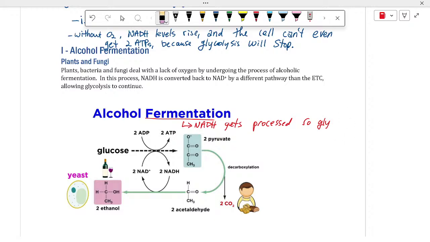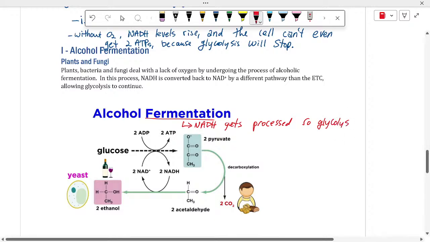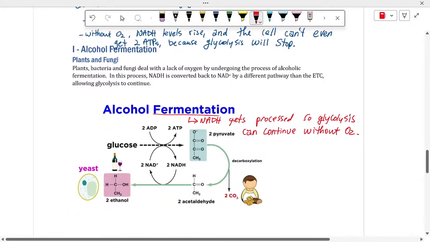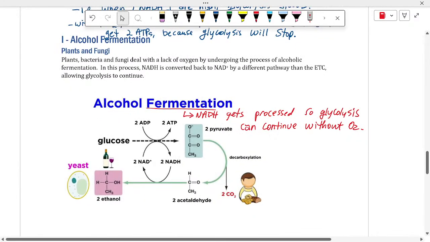And there's two major methods. The first is what we call alcohol fermentation.